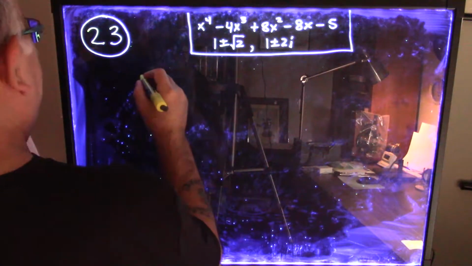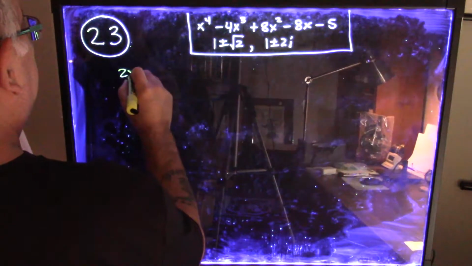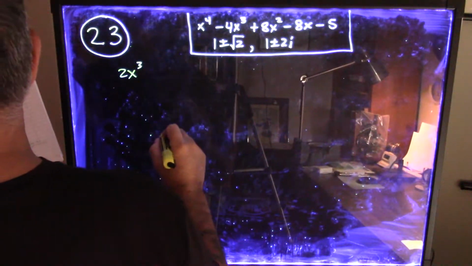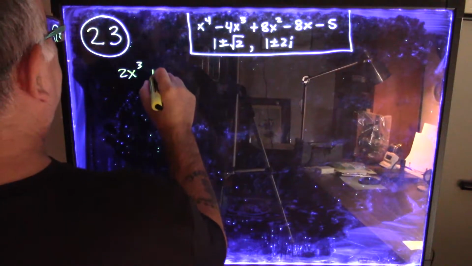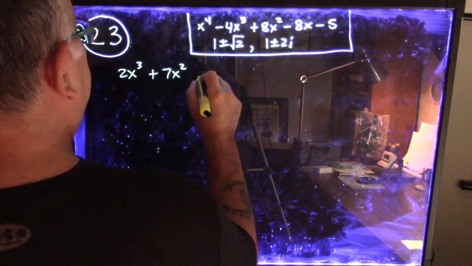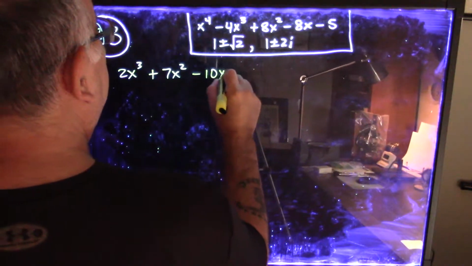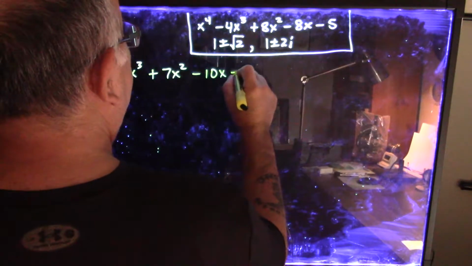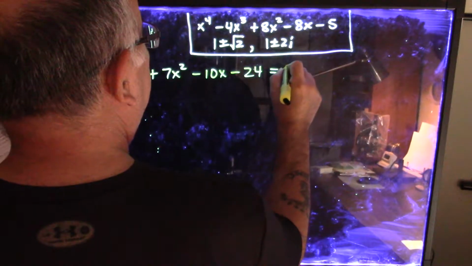We've got 2x cubed plus 7x squared minus 10x minus 24 equals 0.